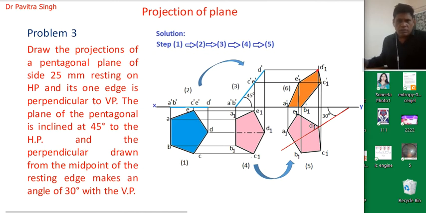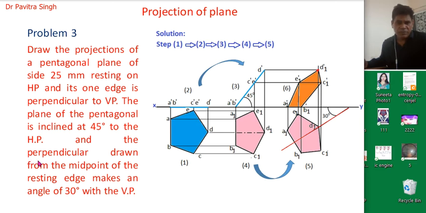Now in the third problem, draw the projections of a pentagonal plane of side 25 mm which is resting on the horizontal plane and its one edge is perpendicular to the vertical plane. The plane of the pentagon is inclined at 45 degrees to the horizontal plane, and again inclined 30 degrees with the vertical plane.